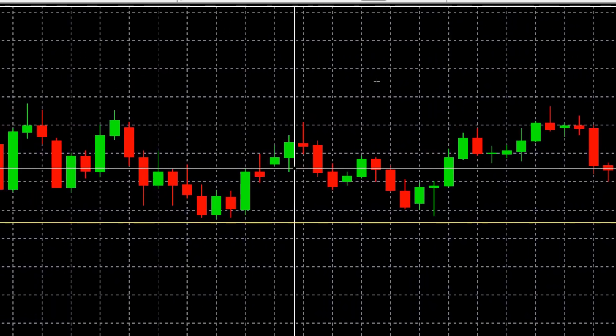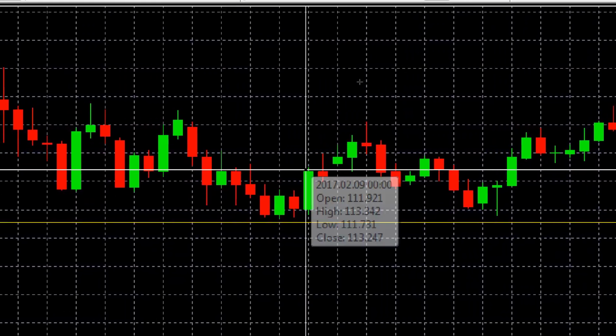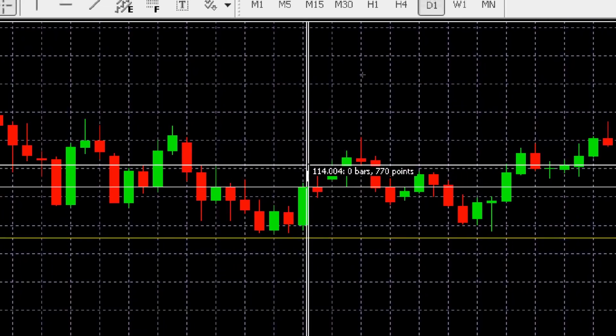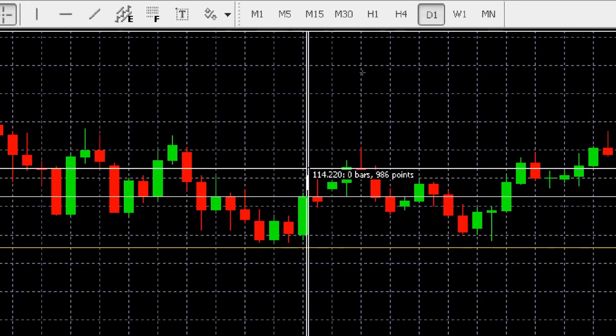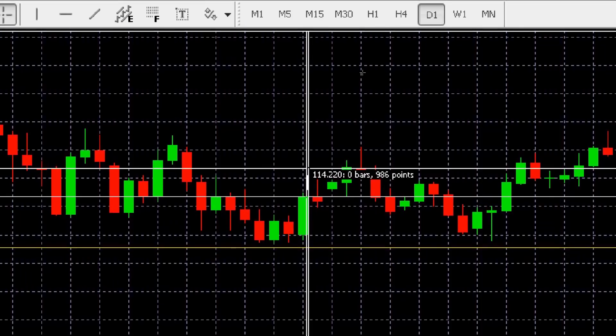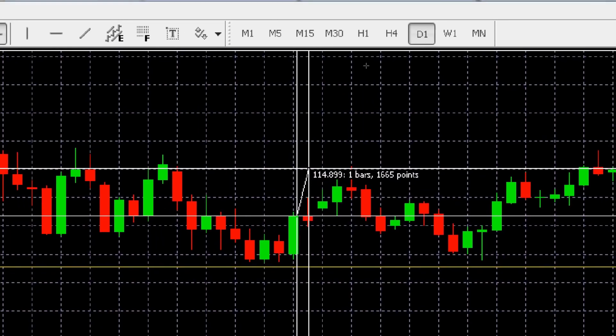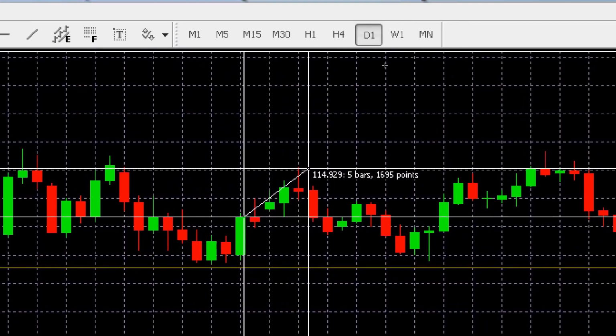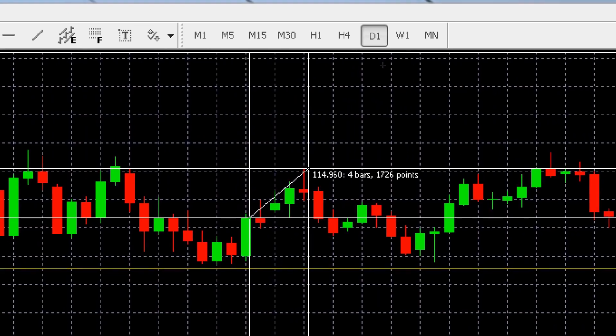So say I'm trying to measure from here to up here. So 98 pips, because it says 986 points. Or say I wanted to go all the way to the top of this shadow here. 1,726 points, so that's 172 pips.